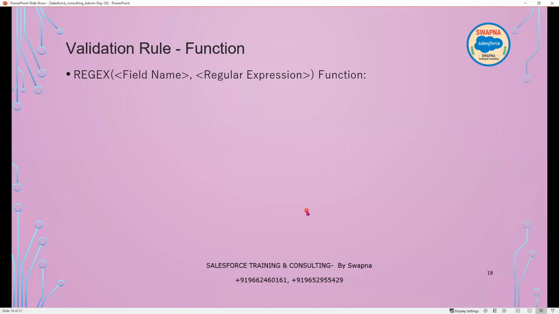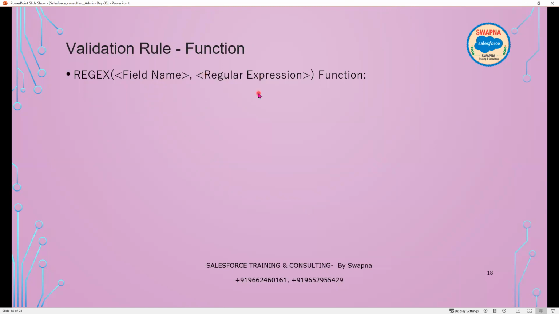The next function is REGEX. Regex is nothing but a regular expression. Now, why do we need this regex function? First of all, the regex function has two parameters: field name and regular expression.